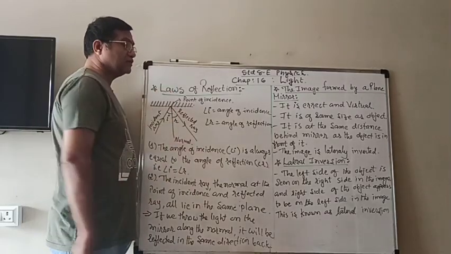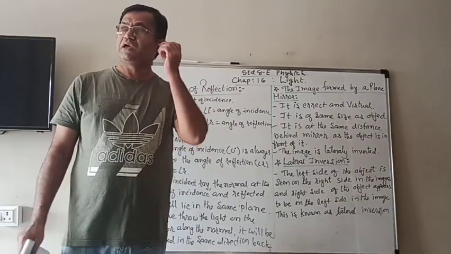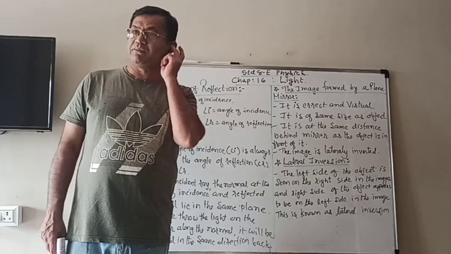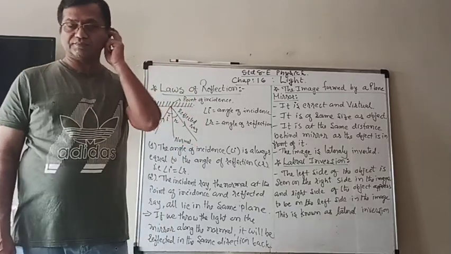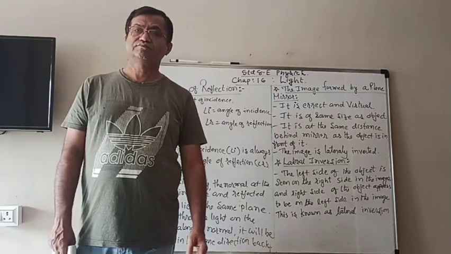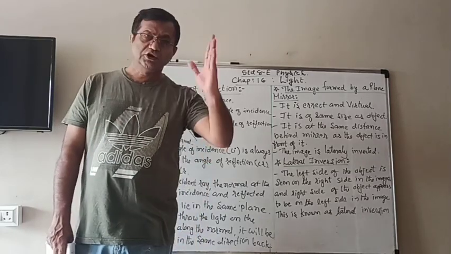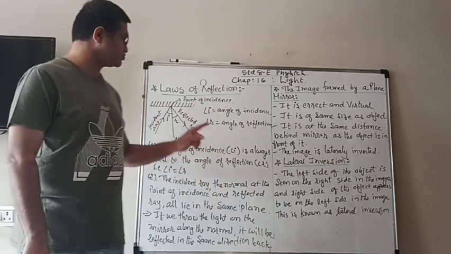Then see in which direction the beam of light is reflecting back, and along both the incident and reflected light, draw the two lines like this.